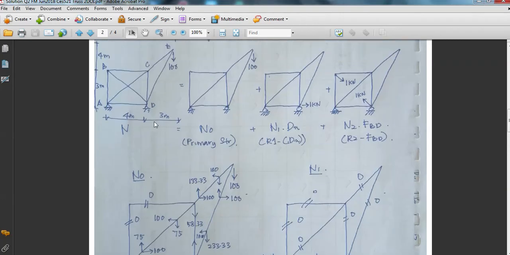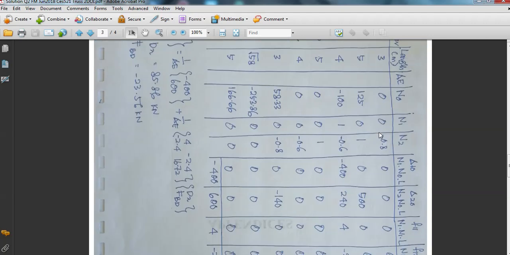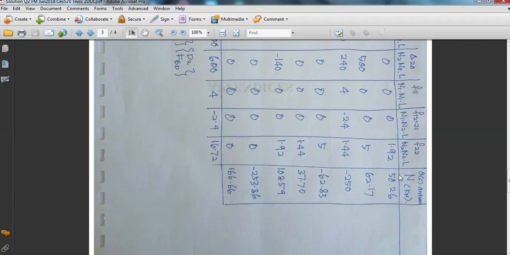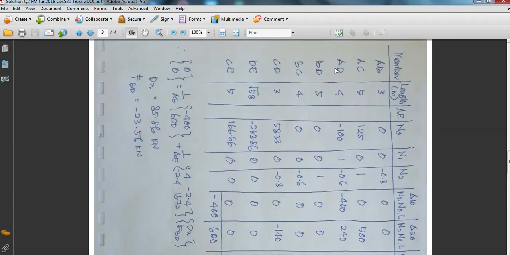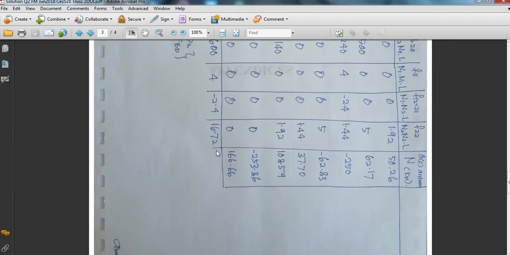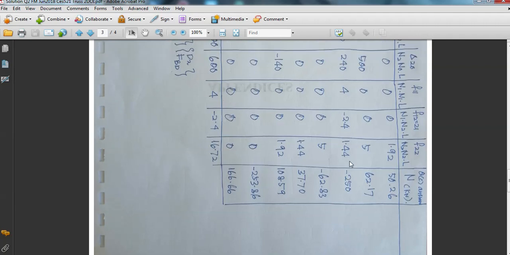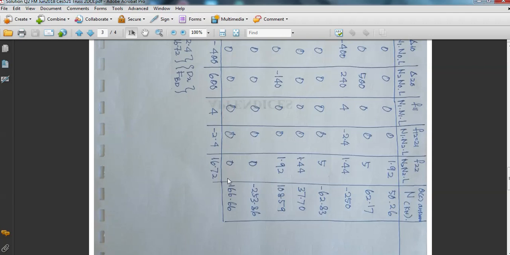Okay, it means you apply this equation, N equal to N0 plus N1 multiplied by dx plus N2 FBD, so you can determine axial force for every member AB, AC, AD, BD, BC, CD, DE, and CE. Okay, you can calculate this. If you got a different value, might be they have writing error somewhere here, but please recalculate this value by using the formula I mentioned to you all.